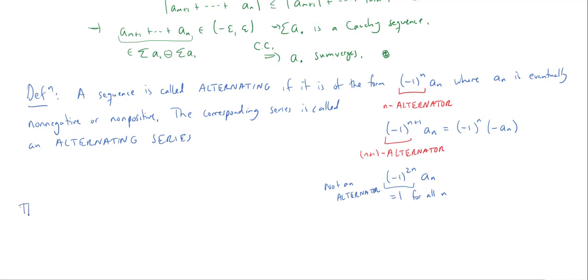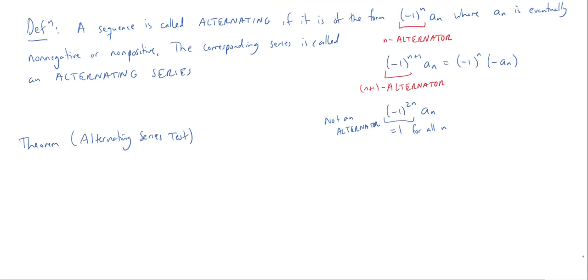Okay, so now we can get to the alternating series test. So let's say that we have an eventually decreasing sequence of eventually non-negative numbers. And you can imagine what would happen if I have eventually non-positive numbers, but we can just prove that as a corollary of this.